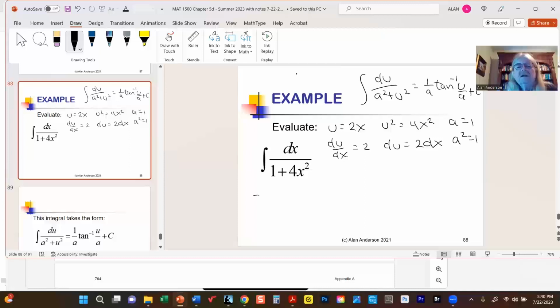So do we have what we need, which is du? Well, we're missing the 2. If we want this to be du over a squared plus u squared, we'll provide the 2 here, and we'll multiply the outside by 1/2.